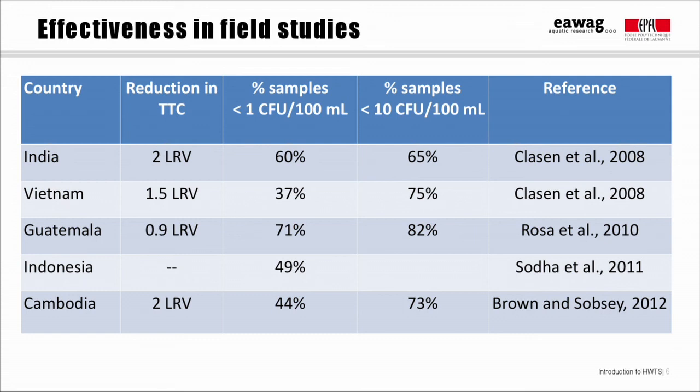However, the level of contamination tends to be small, with roughly 75% of samples falling into the low-risk class of having less than 10 colony-forming units per 100 mL. Also, the log reduction values of 1 to 2 may also reflect relatively good quality of the pre-treated water. If the pre-treated water has low to medium levels of contamination, it's very difficult to demonstrate higher levels of removal.